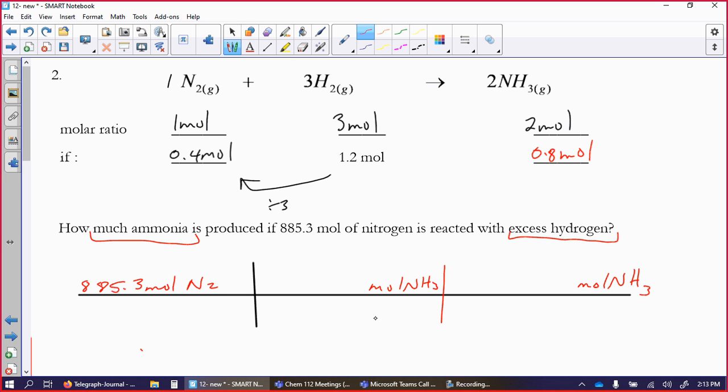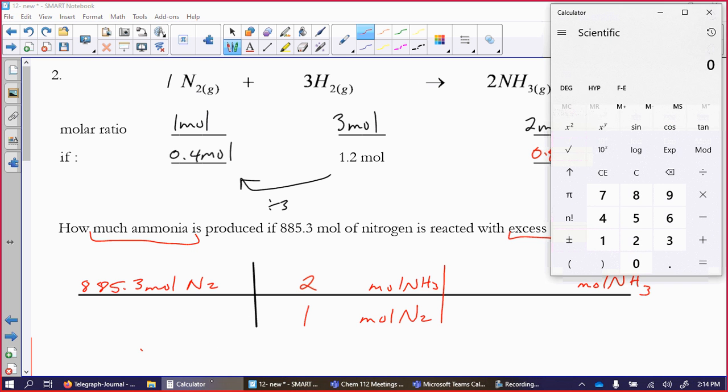What we have is moles of nitrogen. Then we go back to our balanced equation. 2 moles of ammonia, 1 mole of nitrogen.